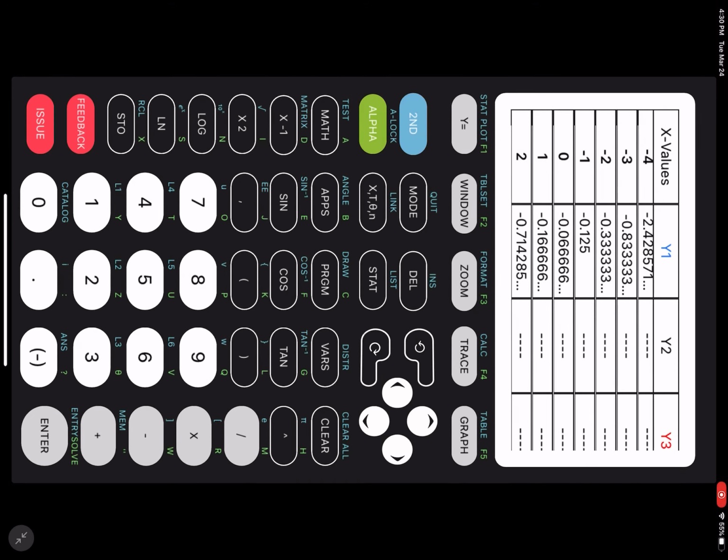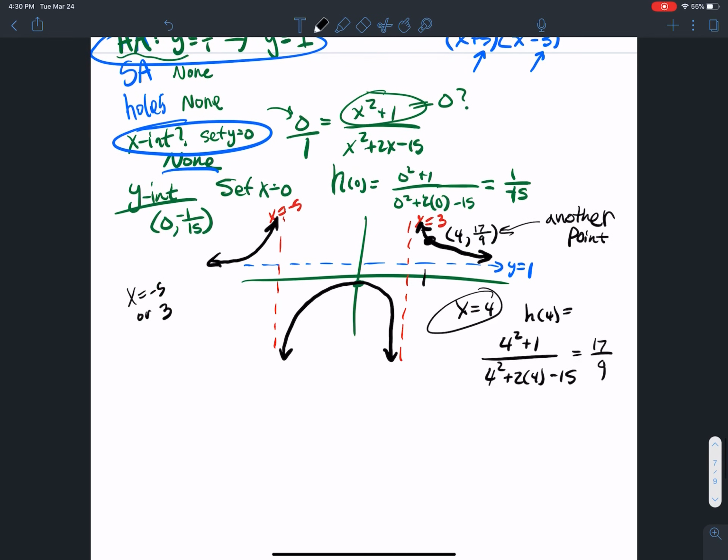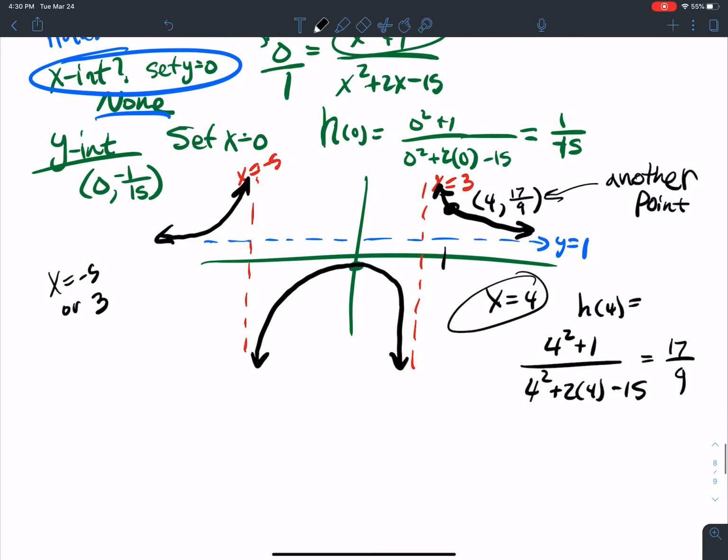Things like that, just use your head. Don't get too complicated. You want something where the fraction version of it is easy to write. I hope that this was enlightening for you, and let me know if you have any questions.